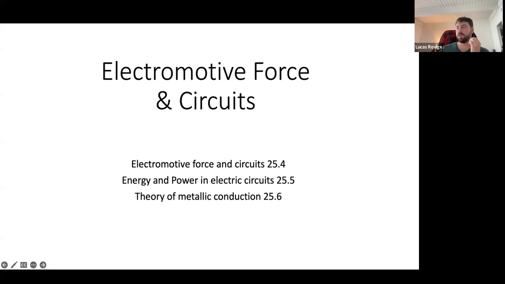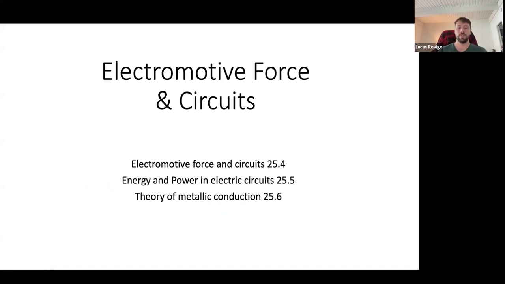Okay, so that was it for the chapter on electrical current and resistors. But you'll see that this chapter on electromotive force will be very related. It's basically starting to introduce the electrical circuit from what we've seen before.